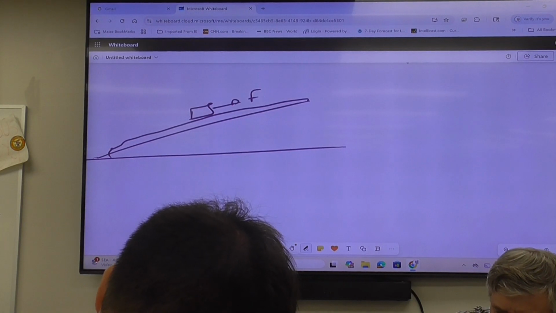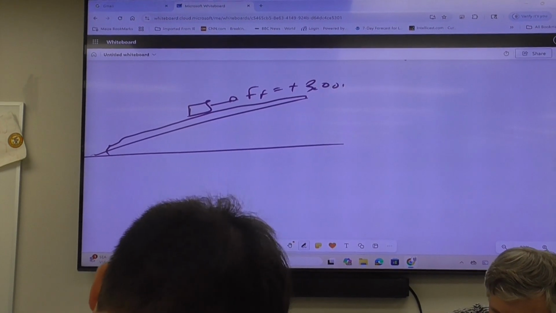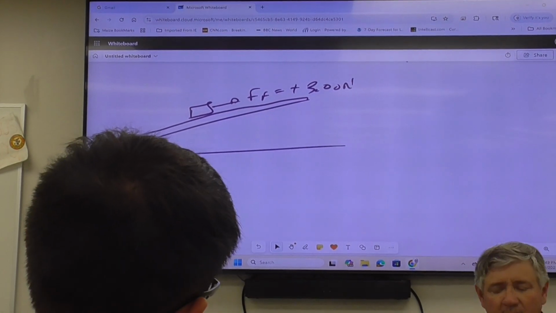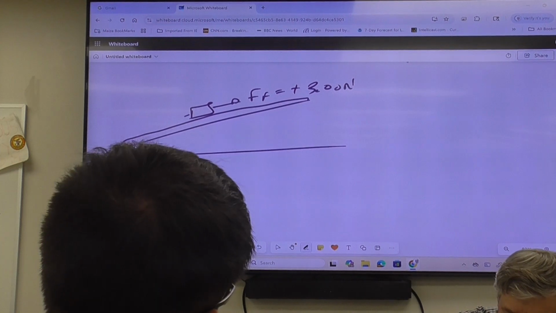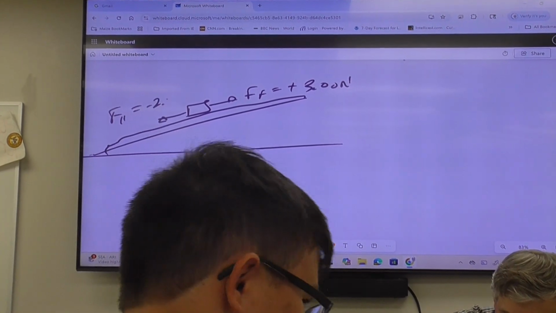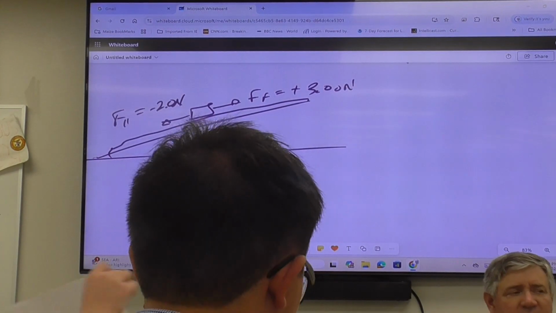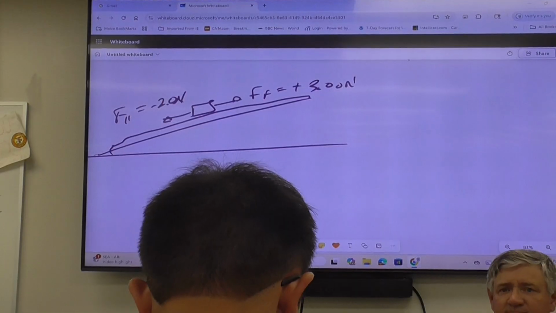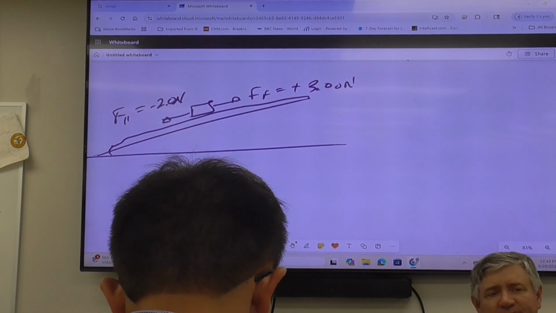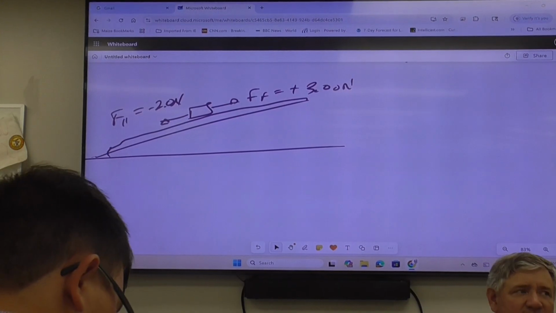Let's say that your force friction is, I don't know, positive 3 newtons, whatever that is. And then at that same angle, the force parallel was negative 2 newtons. So if you had a positive force friction of 3 newtons and a negative force parallel of 2 newtons, what would be the acceleration of the system?